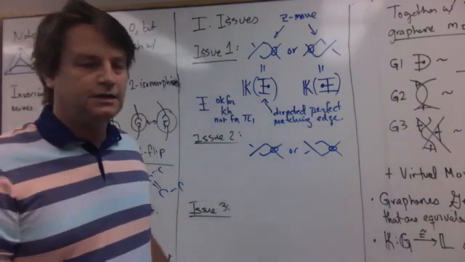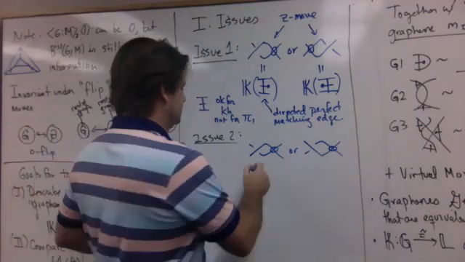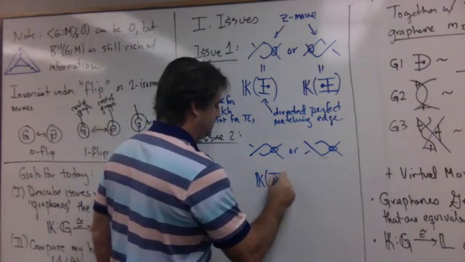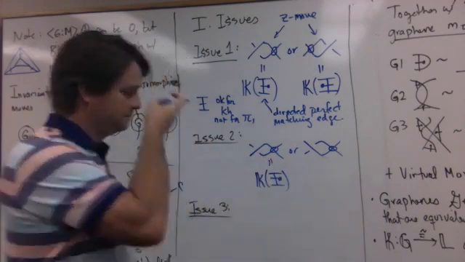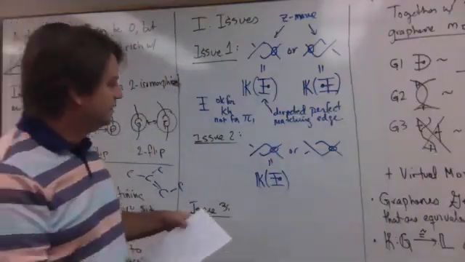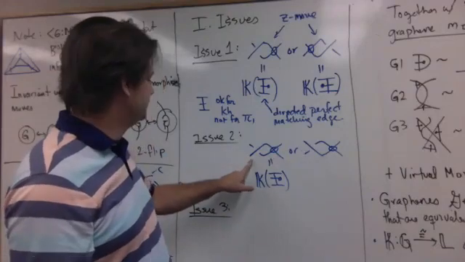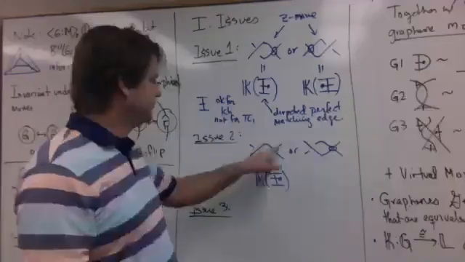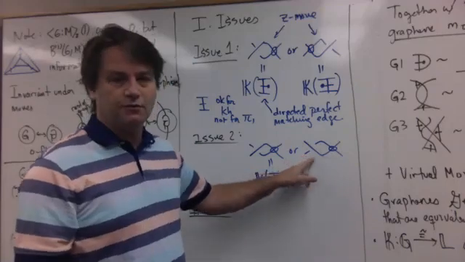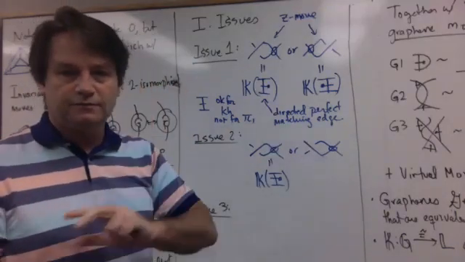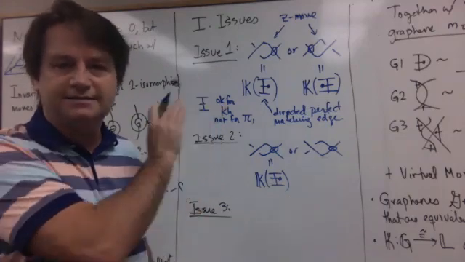You could have chosen, this is of course K of that, but instead of having the bottom strand going over, I could make the bottom strand go under, and I could create the same theory, as long as I made that consistent.